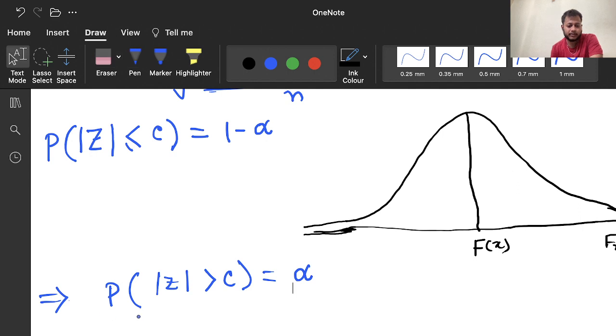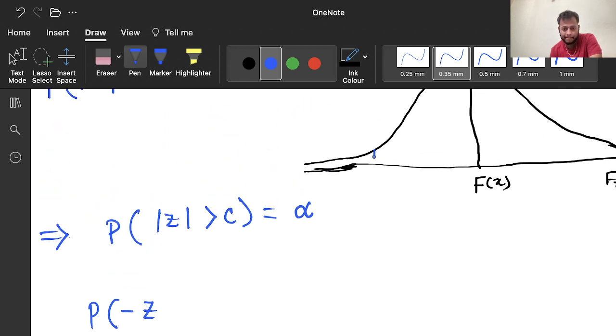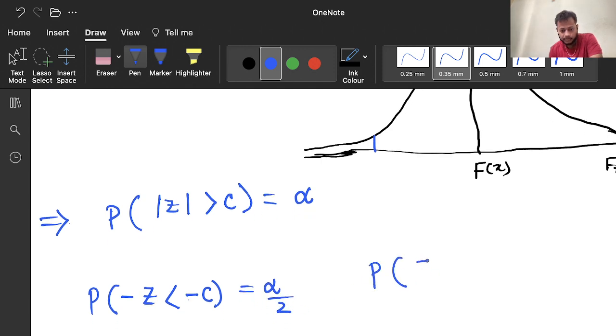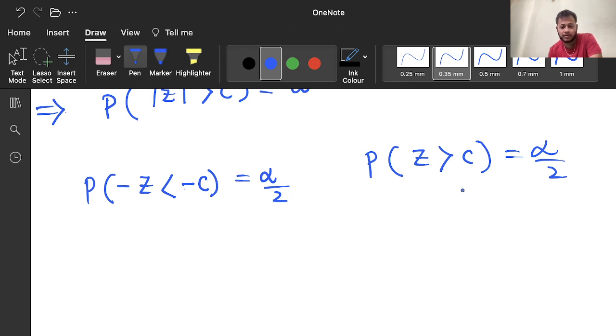Or we can further write that the probability of Z less than minus c is alpha by 2, and the probability of Z greater than c is alpha by 2. Then what is the value of c here? From the standard definition, the value of c is z alpha by 2.